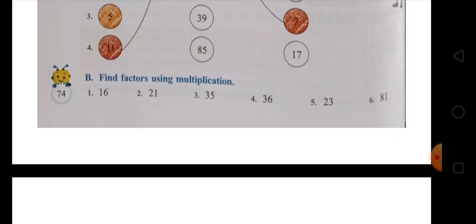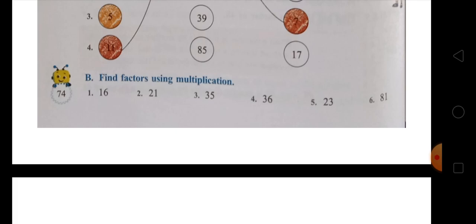The numbers given are 16. We will write 16. 1 multiply 16 equals 16. 2 multiply 8 equals 16. And 16 is not divisible by 3. After that we will write 4 multiply 4 equals 16.